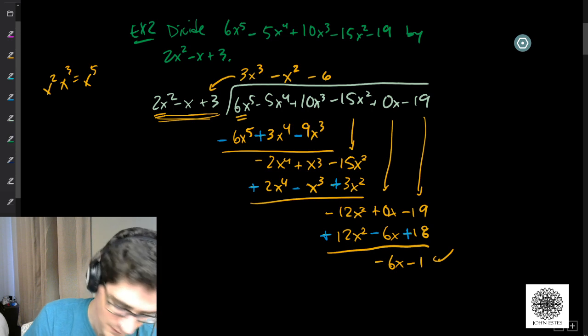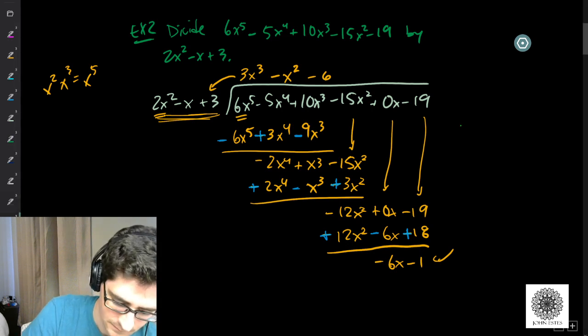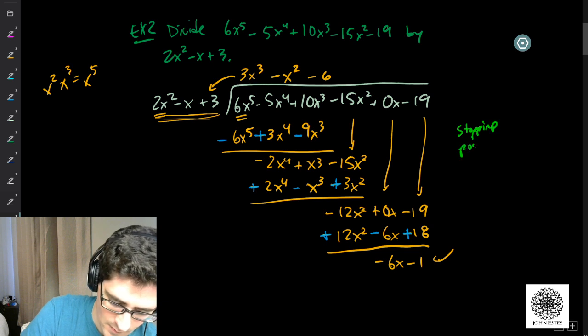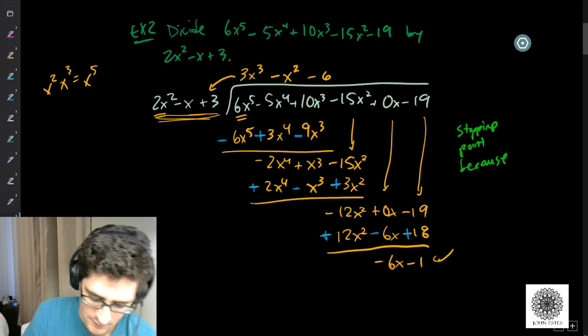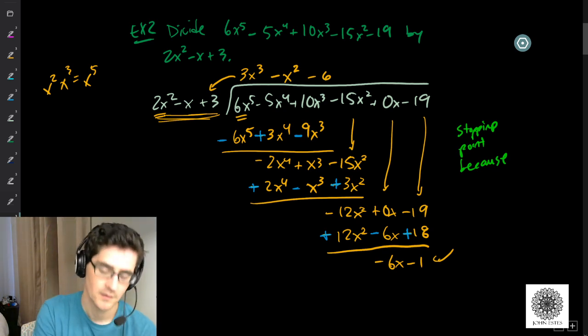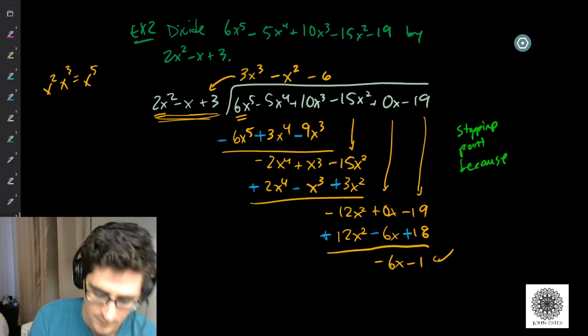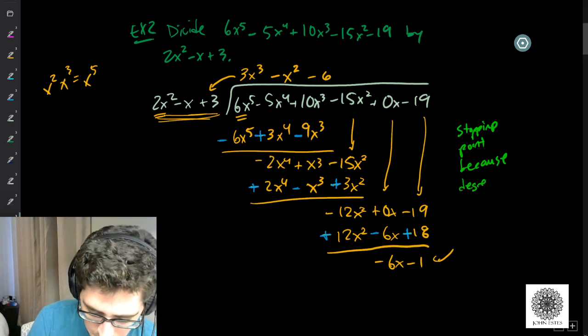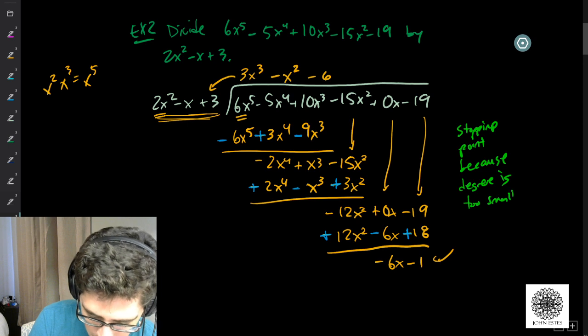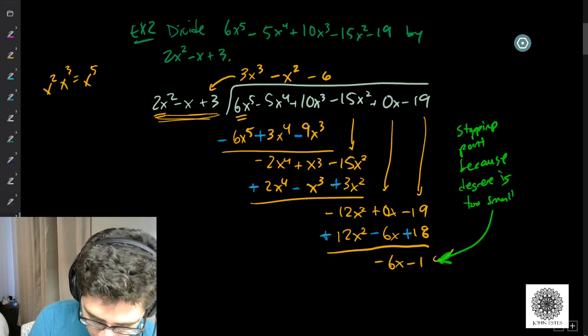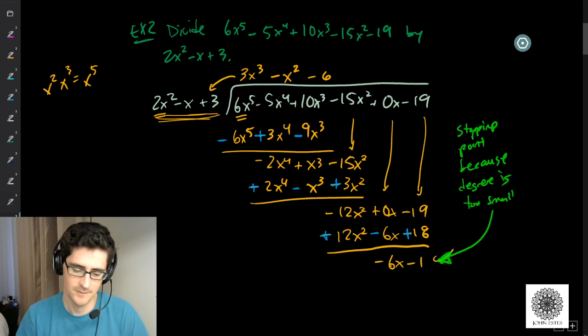I'll say this is my stopping point because the degree here is smaller than the degree of my divisor. Let's just say degree is too small. Okay, so I don't have a degree here that I have to worry about.